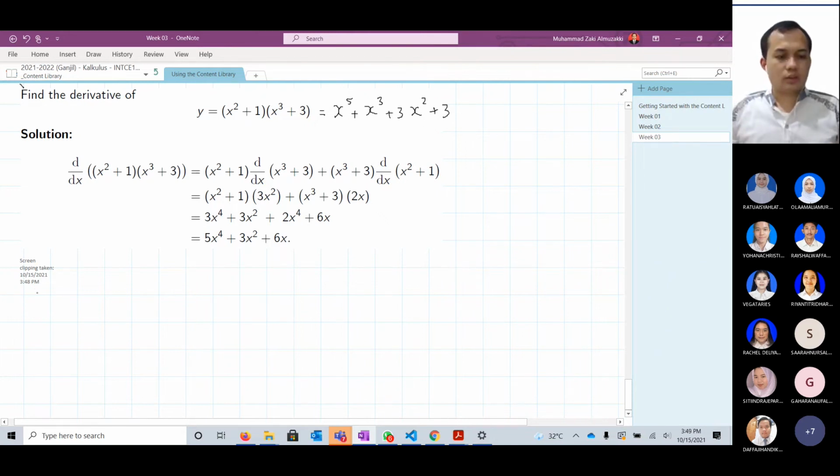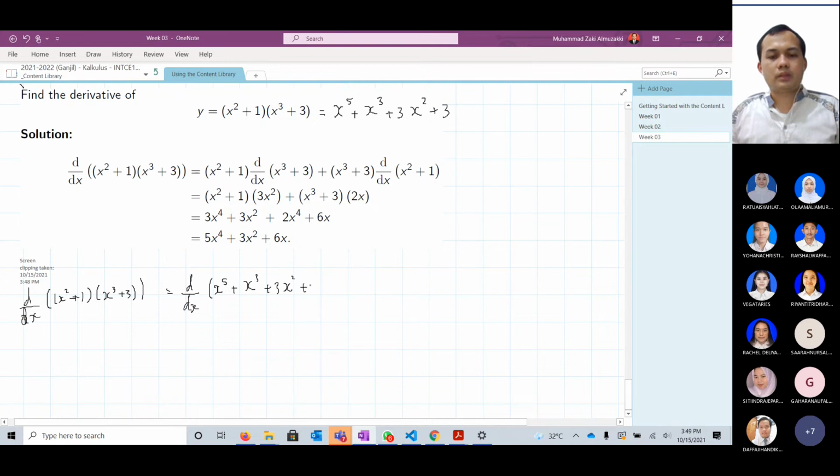So basically, we can also try to differentiate it differently. d/dx of x squared plus 1 times x power 3 plus 3 equals d/dx of x power 5 plus x power 3 plus 3x squared plus 3, which is 5x power 4 plus 3x squared plus 6x plus 0.